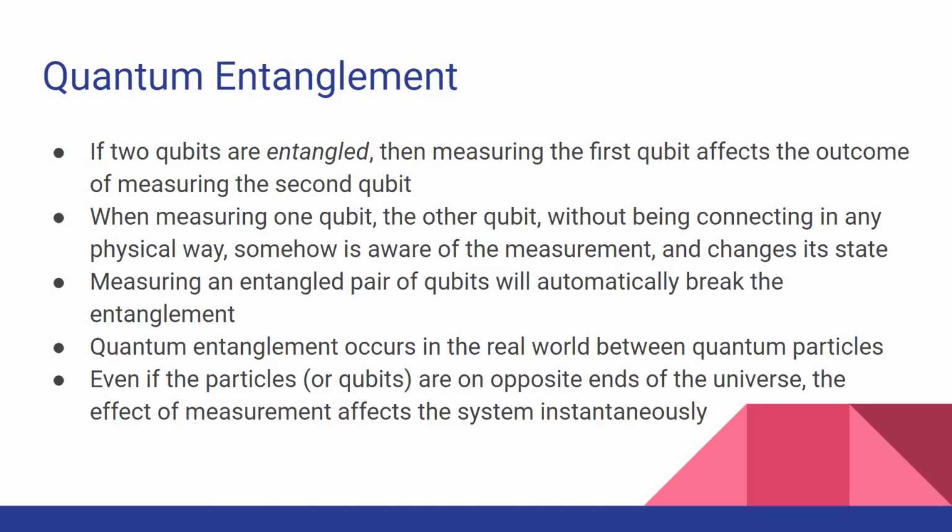If we were to take these quantum particles in the real world, if these were two real entangled quantum particles, and we put them on opposite sides of our universe, theoretically, if we were to measure the one qubit and we got it to say 0, so we measured it and it's in the 0 state, and our system of qubits used the equation from the last slide, then even though the other qubit is on the other side of the universe, it will somehow be aware of the measurement and also turn to the 0 state.